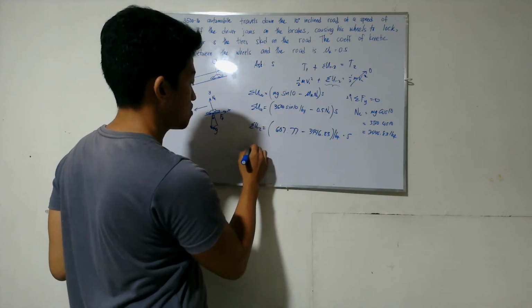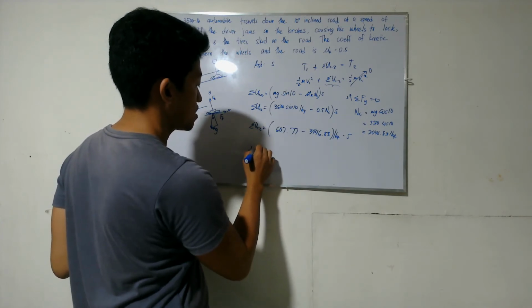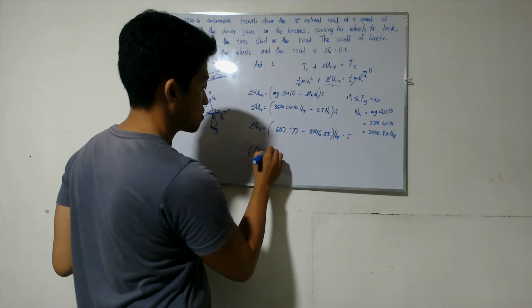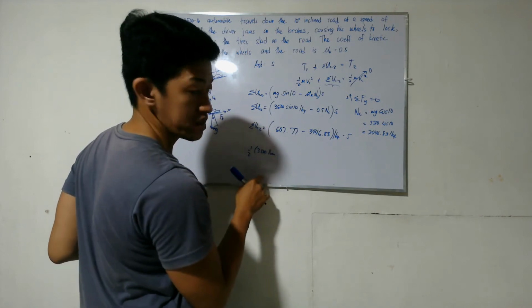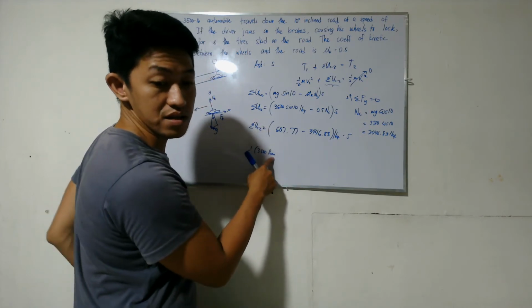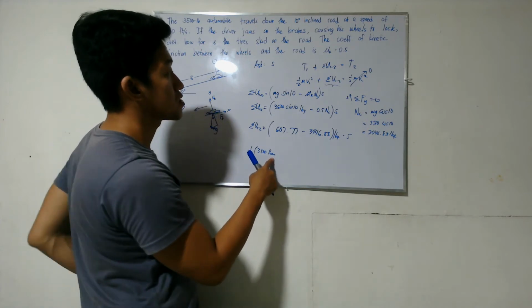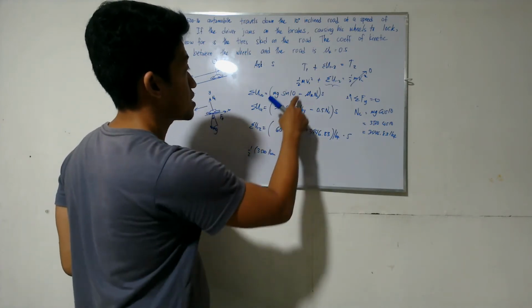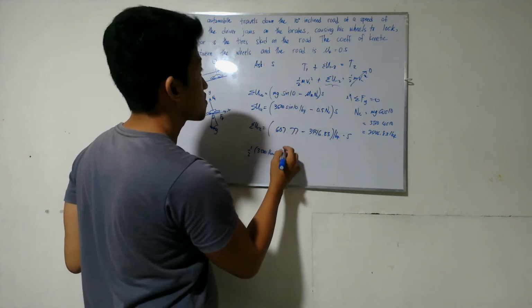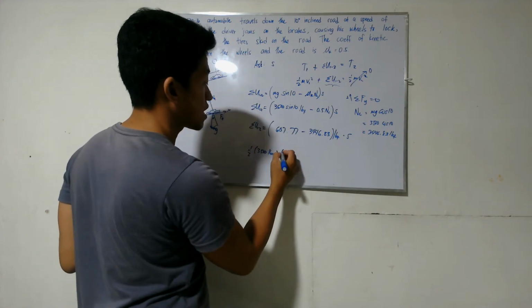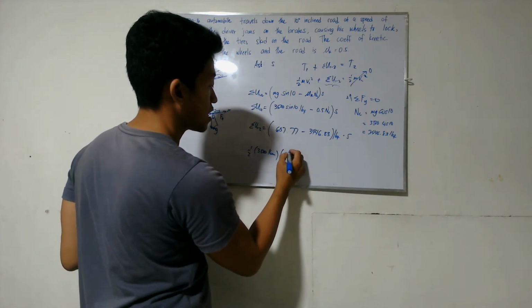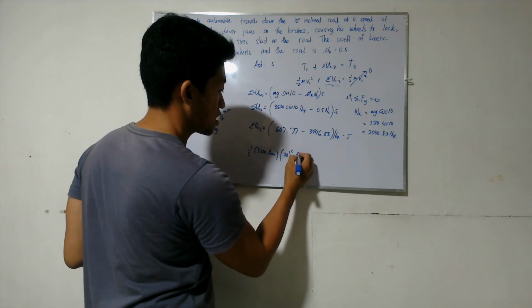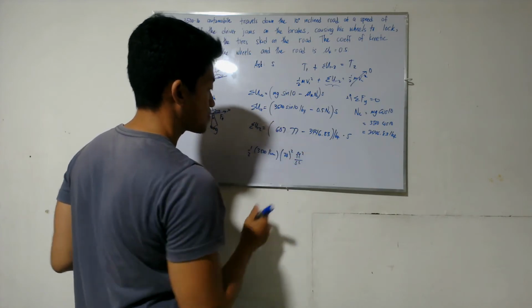So we have 1/2 times 3,500 pound mass. Write the unit, because the unit of pound mass and pound force is different. Times V1, which is 20, squared. The unit is feet squared per second squared.